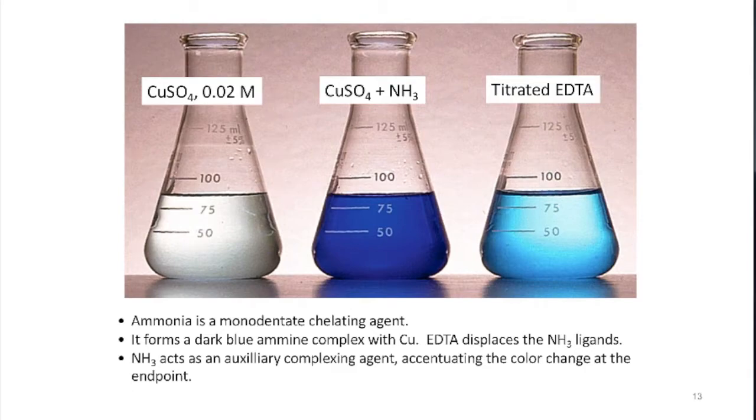And then if we titrate it with EDTA, which is what you have done or will do in lab, you notice that the color, at least from the first copper sulfate color, the light blue gets a little bit darker. So the copper EDTA complex is a little bit of a darker blue than the copper sulfate complex.